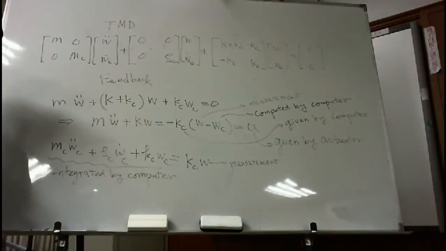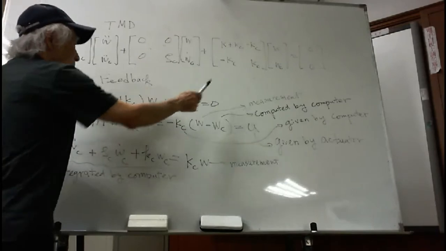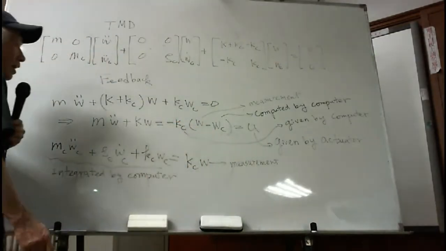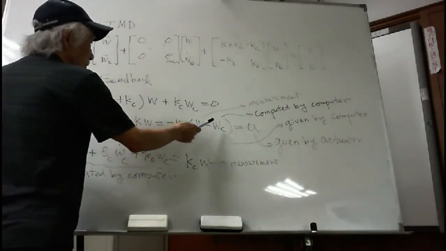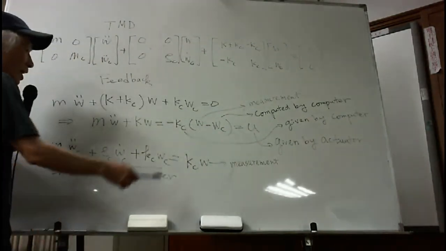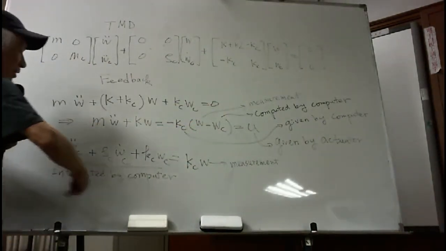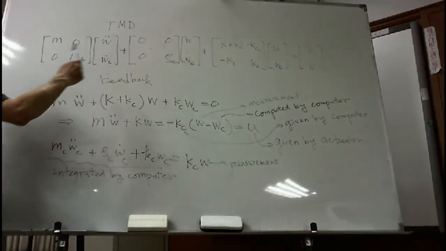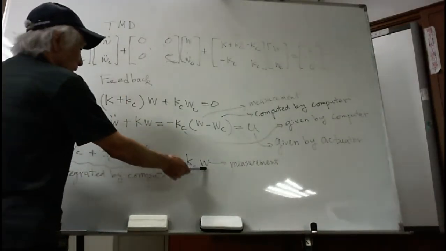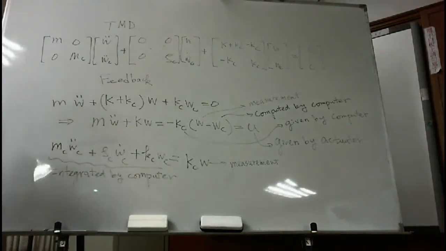That right-hand side will be provided by your actuator, and also by your computer, and also from your measurement. This second equation is all computed by the computer, but they do need the measurement. Make sense? You want to design a controller. That's the way to do it.